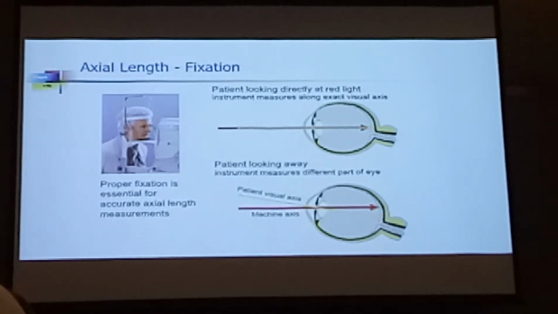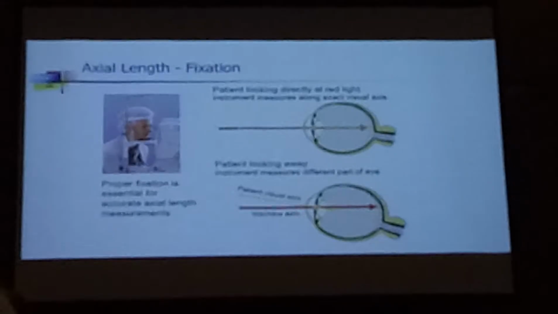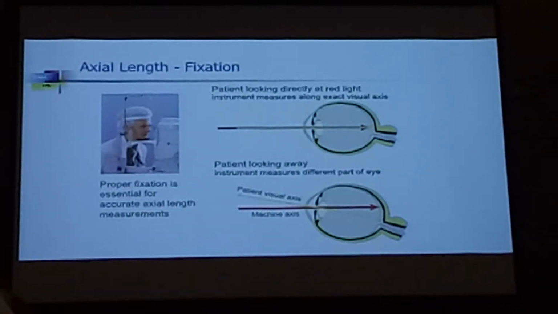But if the patient is not fixated, then you may not be measuring from the corneal vertex, and it's a distance between some part of the cornea to some part of the retina. That may not be the visual axis. That is not what you want. And this is the problem with ultrasound.